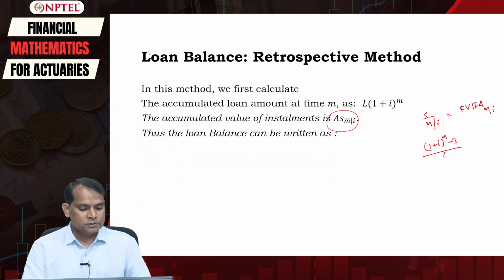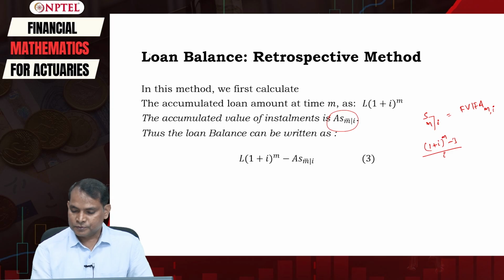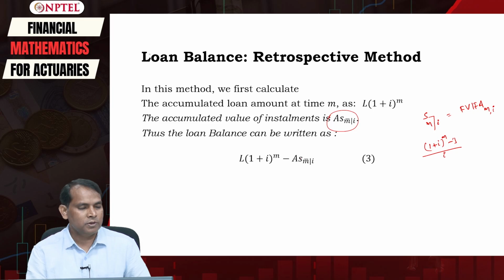Thus, the loan balance can be written as this one minus this one: L times (1 plus i) to the power m minus A times s angle m at i. Now, we will replace this value of L here and rewrite equation number 3, and we will see that the retrospective method will exactly yield the same result as the prospective method.